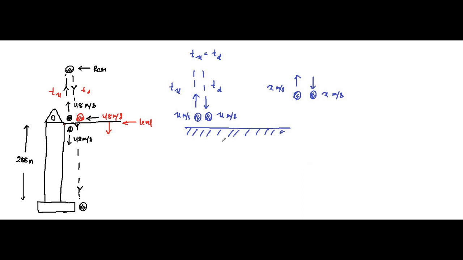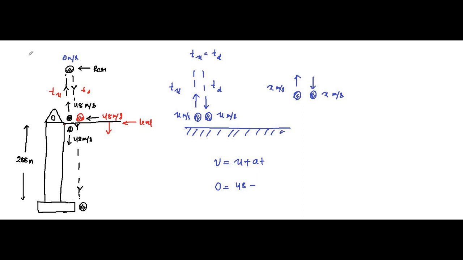So for determining the time, we'll be using the equation of motion, v is equal to u plus at. During the upward journey, final velocity is 0 meters per second at this point, rest. Initial velocity is 48 meters per second, with which it is thrown upwards.